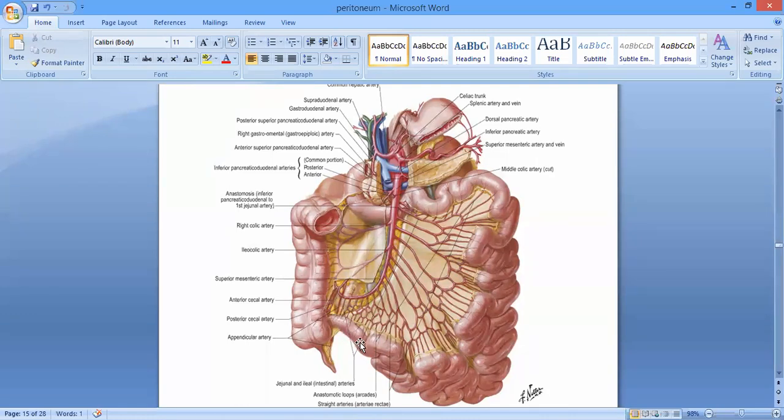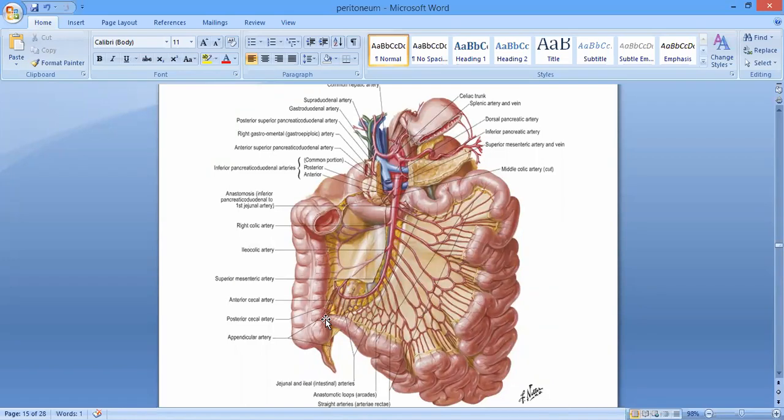You see, this is the ileum, and it is going to enter into the cecum here. Okay? Cecum is a blind pouch over here. So where the ileum enters the cecum, that is the ileocecal junction. So the line of extension of the root of the mesentery extends from the duodenal flexure up to the ileocecal junction here. Okay?